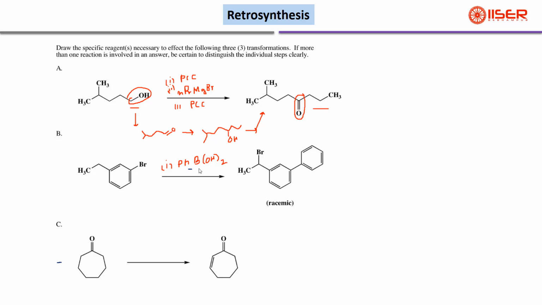So if you perform Suzuki reaction in the presence of a palladium catalyst, it will give us a Ph here. In the next step, if you perform allylic bromination, that is NBS, then there is only one allylic position, this one, so that will be brominated.